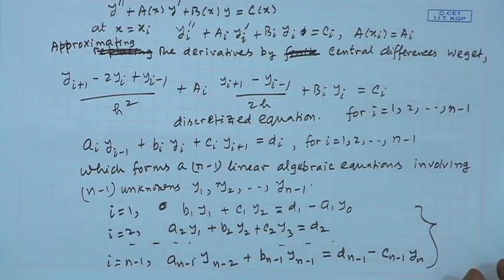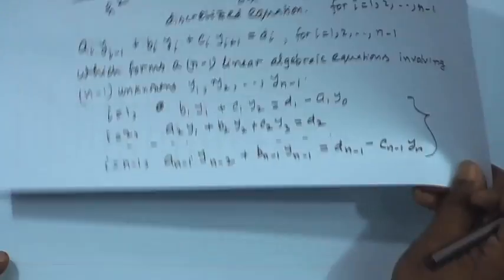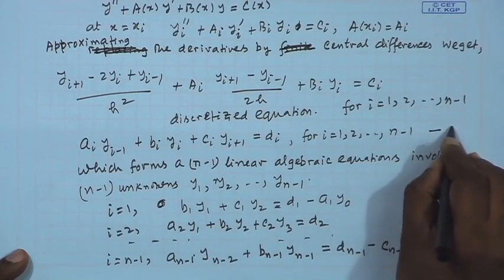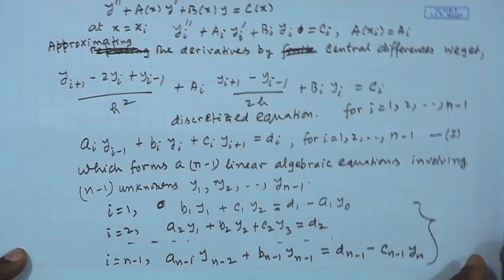Now, let us put it in matrix form. Let us call this system of equations 1.